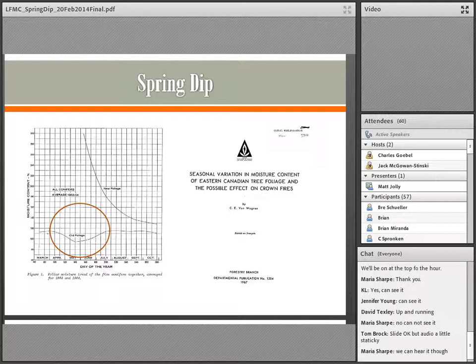But what you'll notice is that dip coincides almost exactly with the timing of new needle emergence. So there's some interesting things with the plant physiology that are really affecting these changes, and that's really what we set out to quantify, and to really add value and more predictability to this phenomenon.